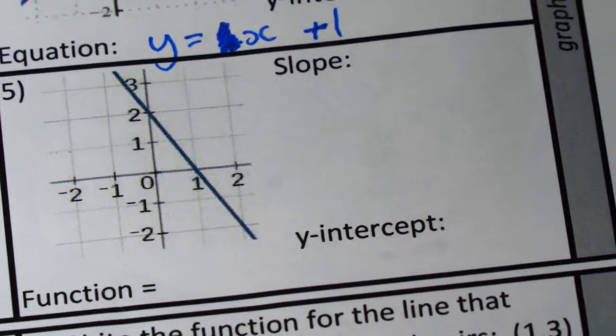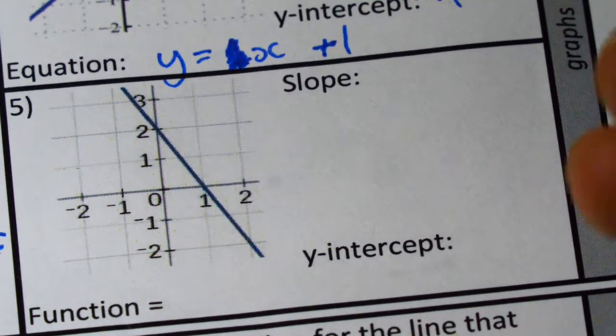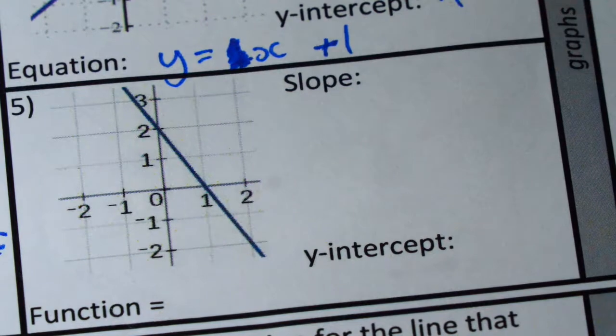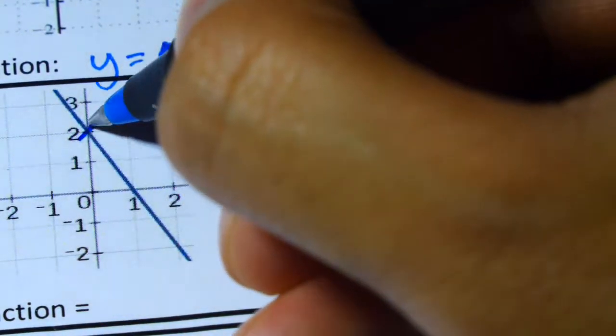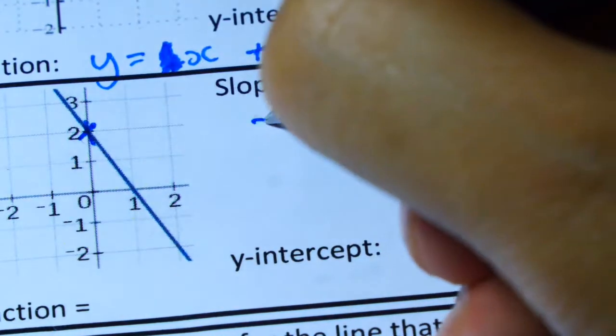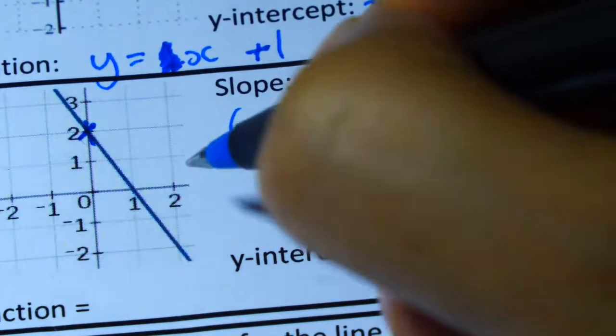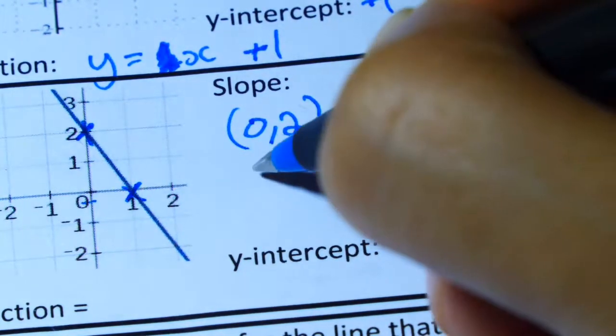Last question for the graphs. Again, it's asking for slope. We pick 2 points. I'm going to pick this point, 0, 2. And this point here, 1, 0.